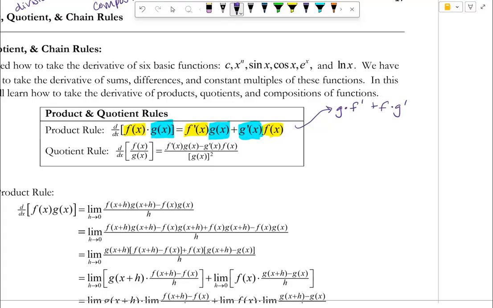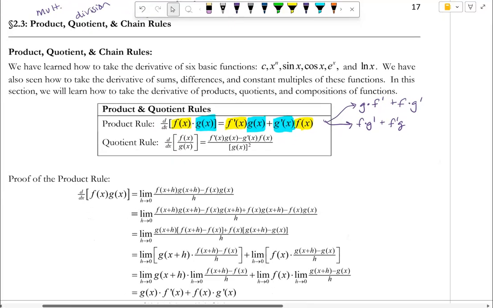Or I could switch the order of the sum and think of f times g prime plus f prime times g. As long as we are carefully multiplying f with g prime and g with f prime and adding those together, that is the product rule.